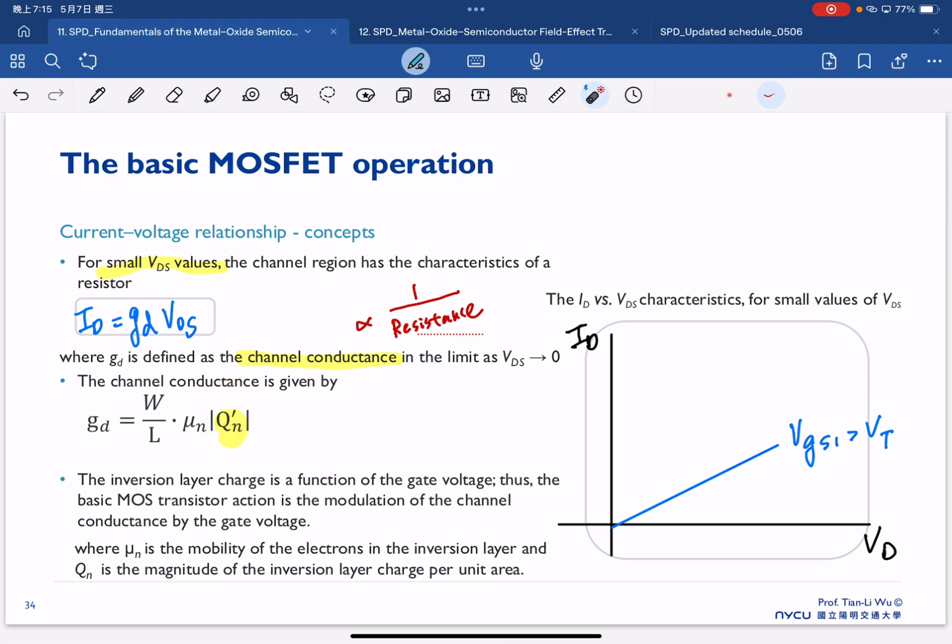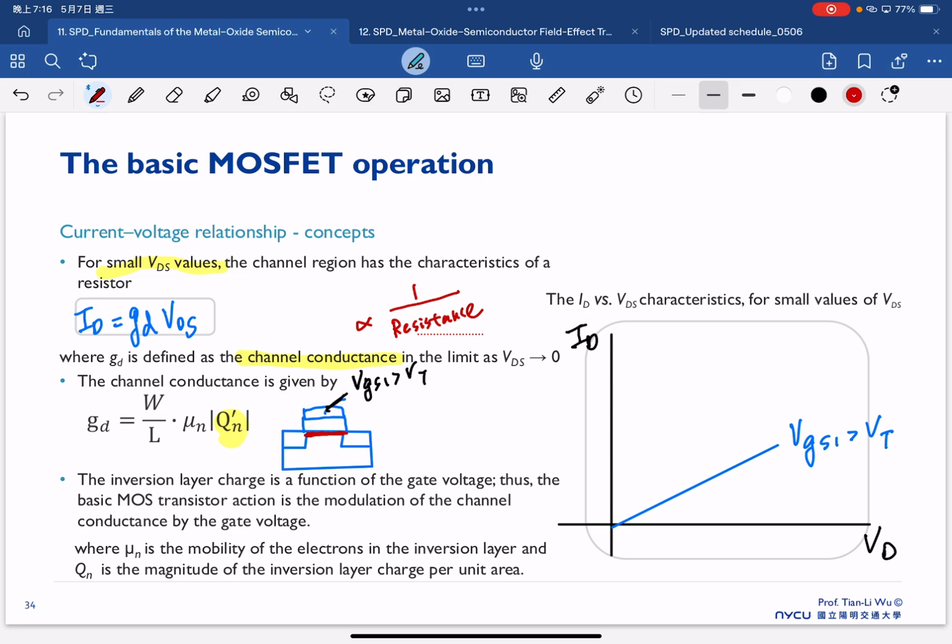If you look at the simple MOSFET schematic, we apply the first case where VGS1 is larger than VT, and then we have inversion charges in the channel, due to our electron inversion.